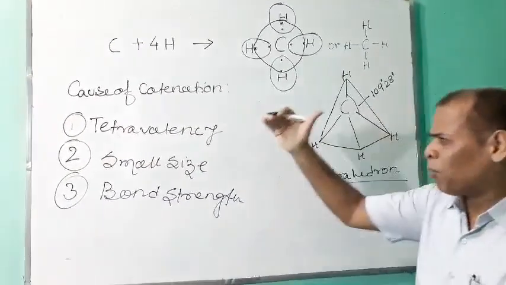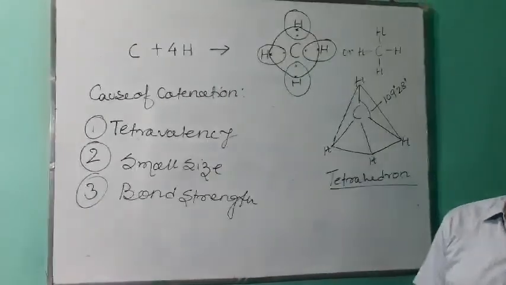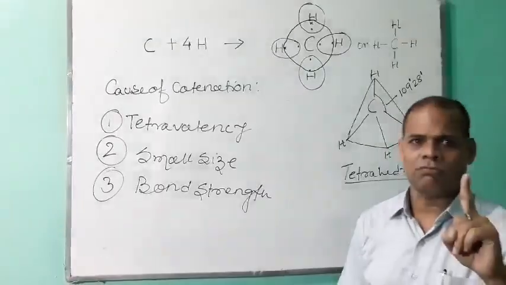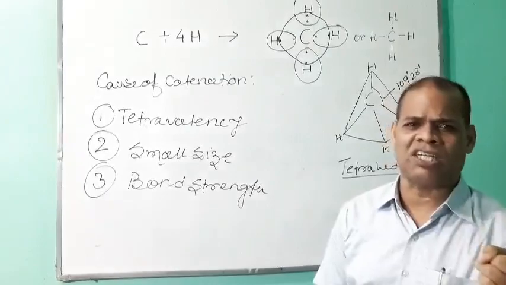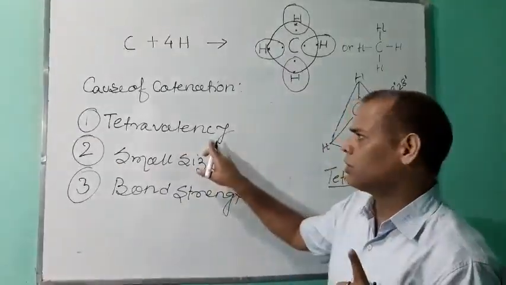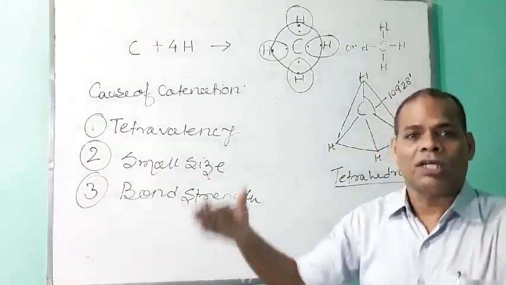These three prominent reasons favor the highest power of catenation. Carbon shows maximum catenation in the periodic table because of tetravalency, small size and bond strength.